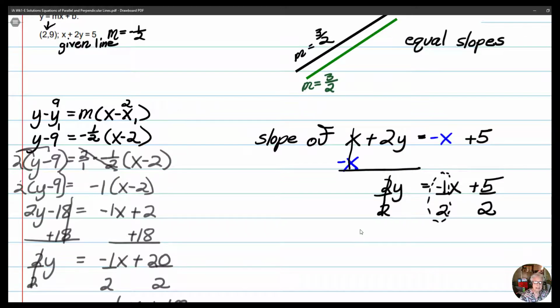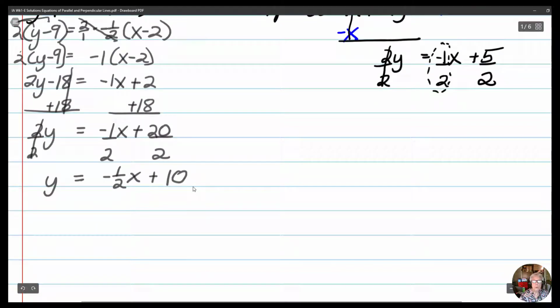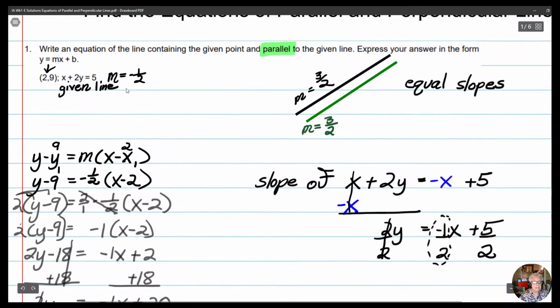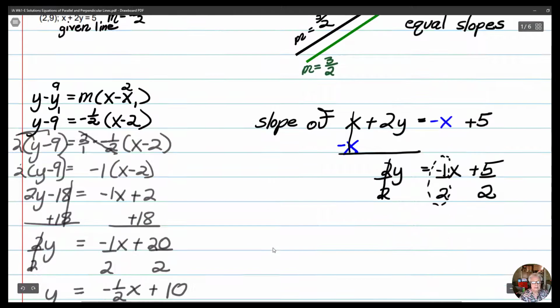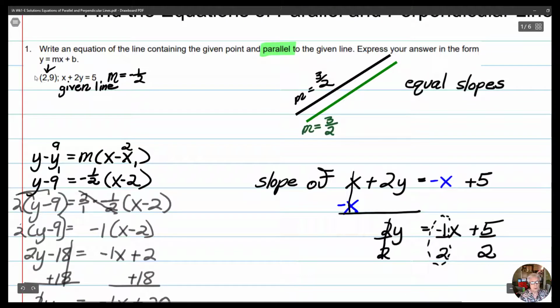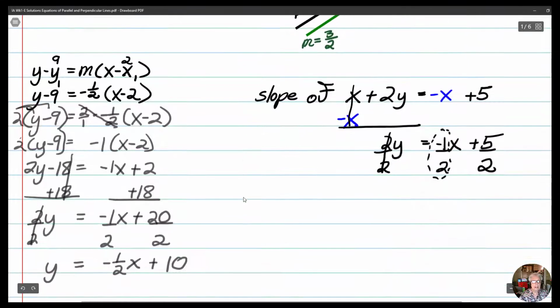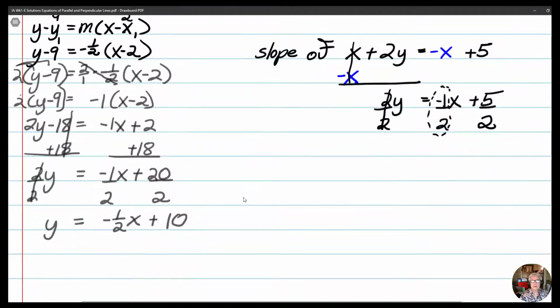Okay? This is the equation of the line that's parallel to this line, and this line goes through that point. I know I always say it, but remember, you can back up. Watching the video, you can back up and watch this again.